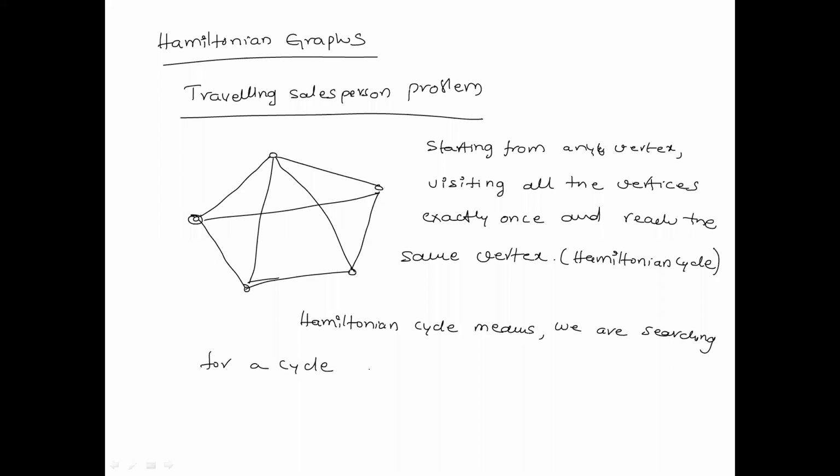Searching for a cycle with all the vertices of the graph. That's all. So this is called Hamiltonian cycle. So this is also an important question where they give a question and they'll ask you whether there is a Hamiltonian cycle or not. Now tell me whether this has a Hamiltonian cycle or not.